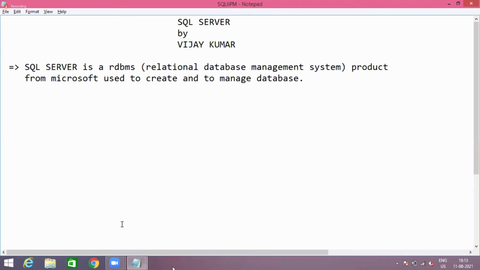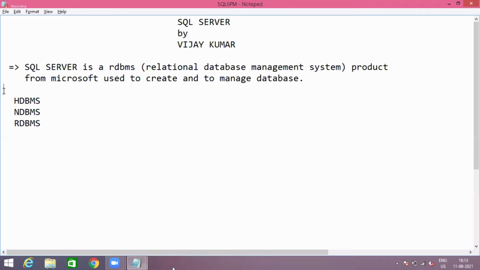Some years back, there were other systems like HDBMS and NDBMS. HDBMS means hierarchical DBMS, NDBMS means network database, and RDBMS means relational.